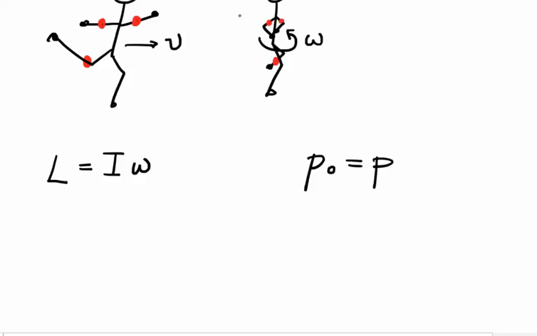How could we have the same amount of angular momentum at the beginning of her spin as she does at the end of her spin? Because we're changing the moment of inertia. We're also changing omega. So if the moment of inertia goes down, then the angular speed could go up. Okay. So this L symbol is for angular momentum.